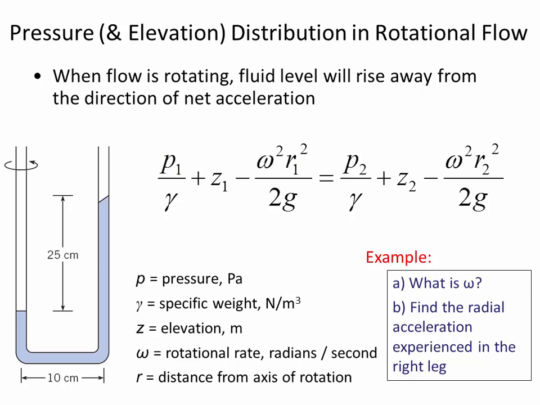That's what we're after. And by the way, now you can see why it doesn't matter what's in the fluid, whether it's mercury or water, because once we cancel out terms, there's no more unit weight term in there. So we rearrange this for omega. We get omega is the square root of 2g Z2 divided by R2 squared, to the 1/2 power.